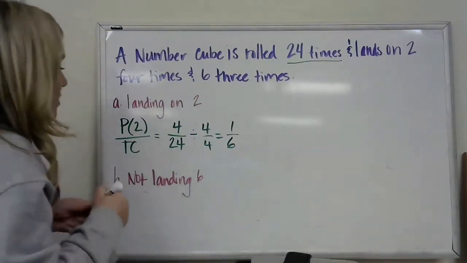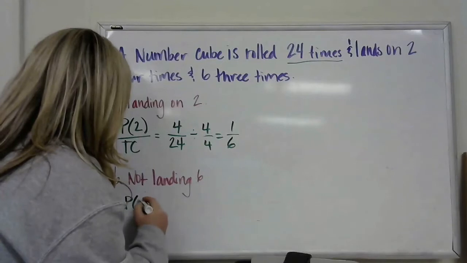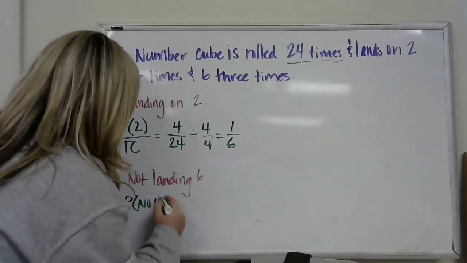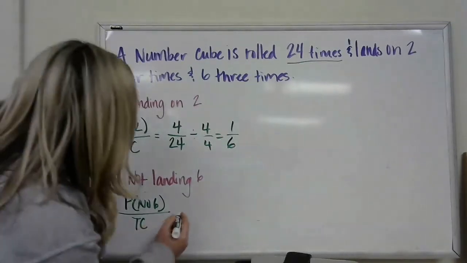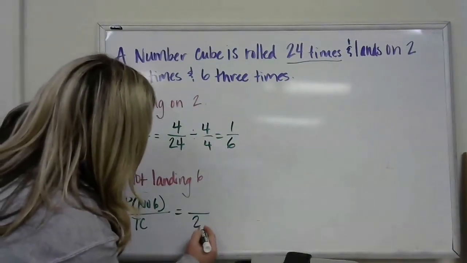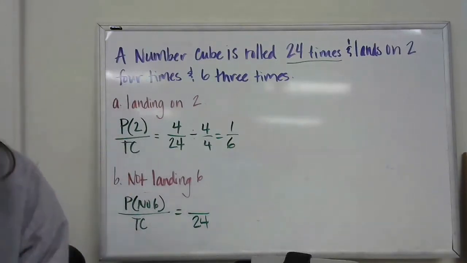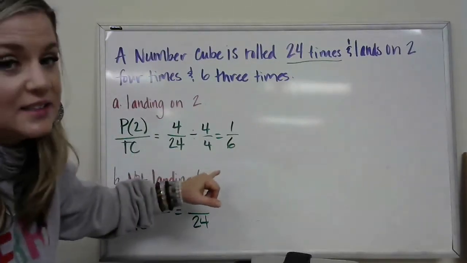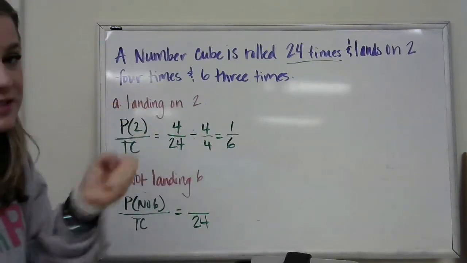All right, so not landing on 6. The probability of no 6 over total chances. We had 24 total chances again. And how many times did it not land on 6? If we look at this, we don't know how many times it didn't land on 6.